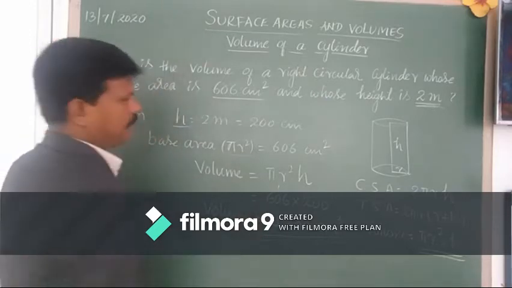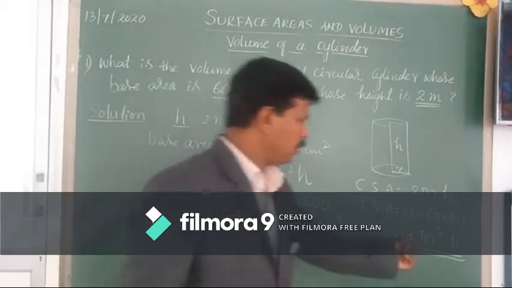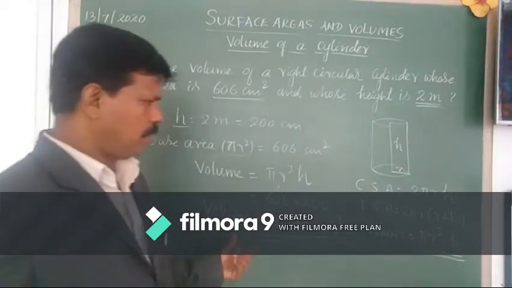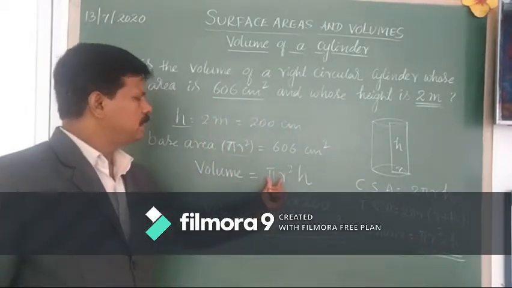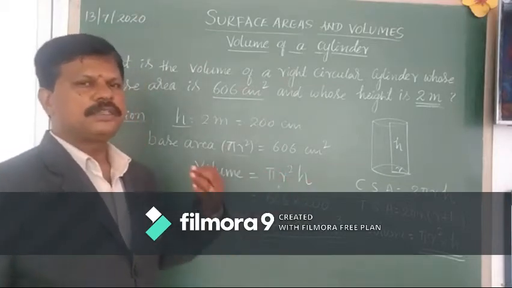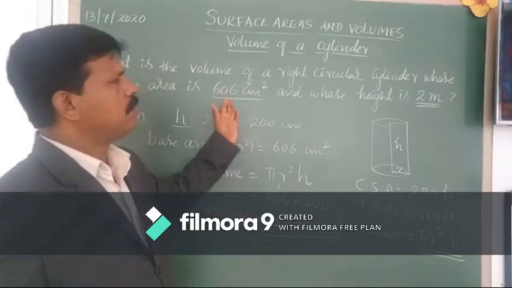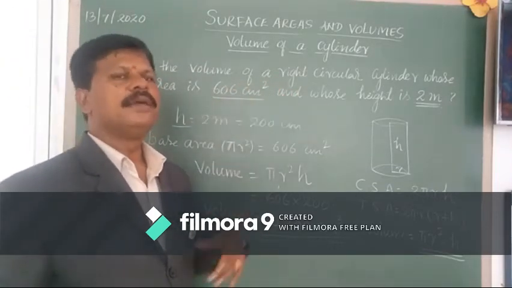This is one way when they are given the area directly. What I did here is just multiply base area into height. This is useful for multiple choice questions. One more thing, when they give the base area, you should multiply by height.